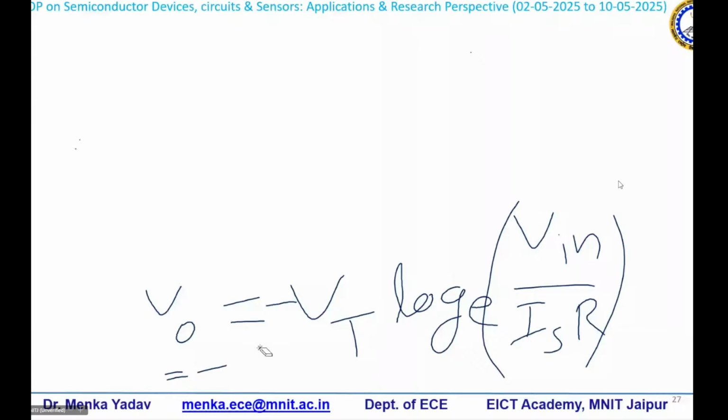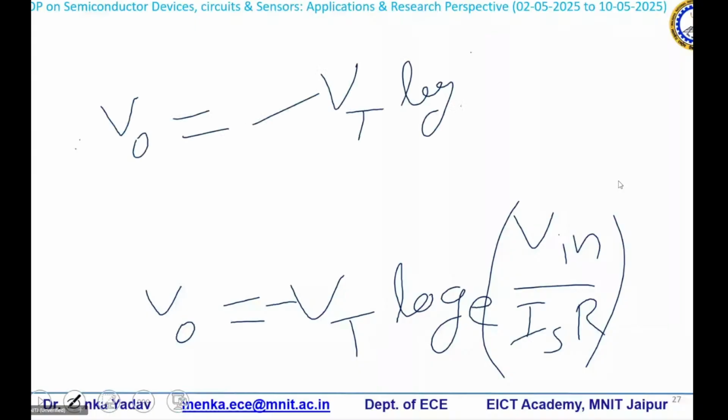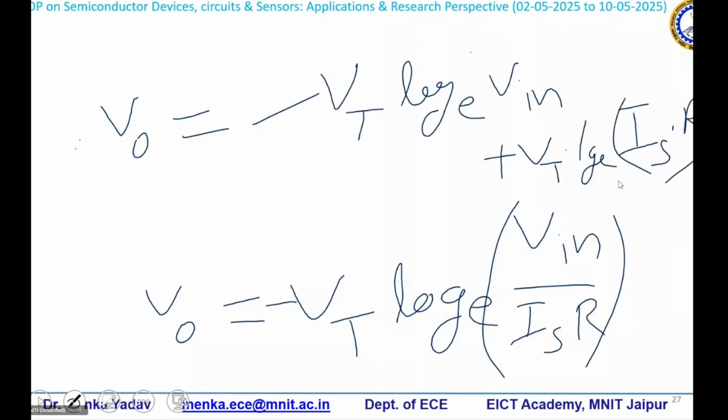So my VO can be represented in this way, that VO is equal to minus Vt into log of V in plus some constant. Why constant? Because Vt into log of 1 upon Is into R is a constant value.